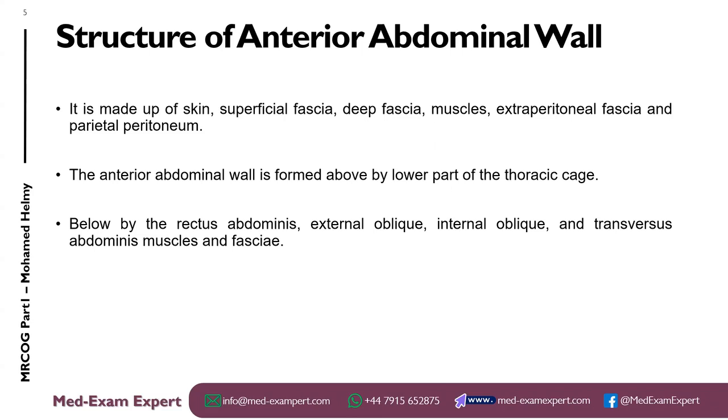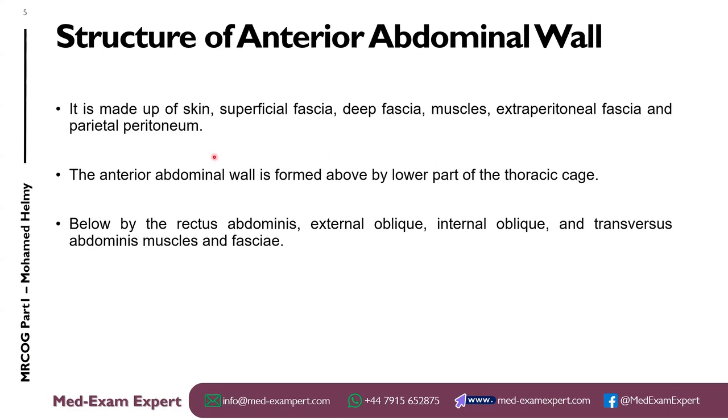Simply speaking, the anterior abdominal wall is layers of skin, fascia, muscles, then the extraperitoneal fascia and parietal peritoneum.